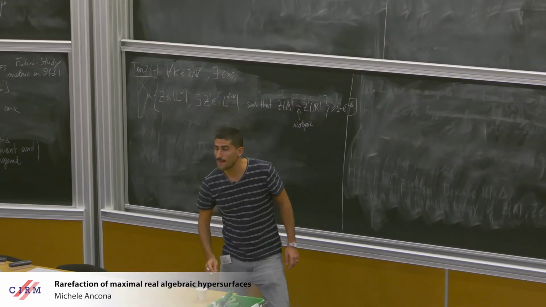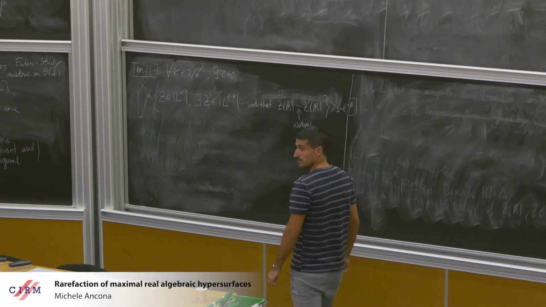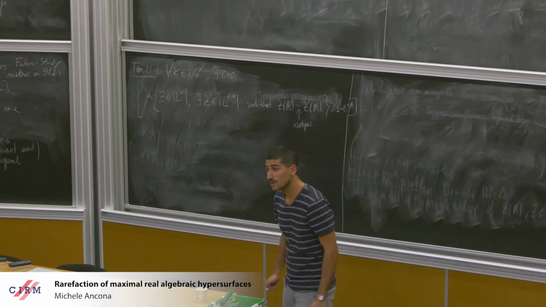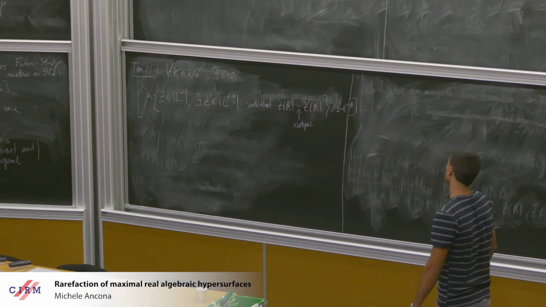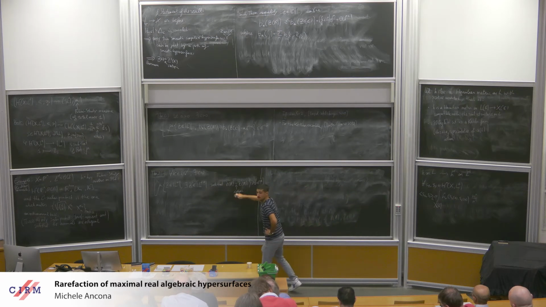Isotopic actually means lies in a small tubular neighborhood? No, you're thinking about a long isotopy. Oh, it's an approximation. They are very close. Yes, they are very close. Like the real loci are very close in this sense.